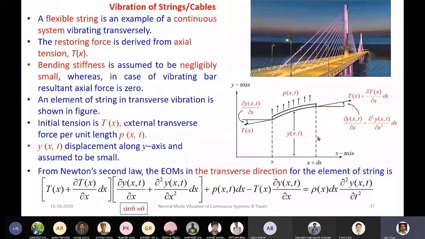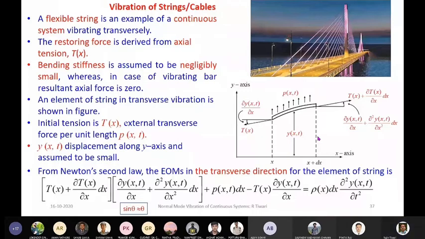If resonance conditions are built, then these cables may fail. So during design, we need to ensure that the vehicle movement does not give resonance to this cable structure.